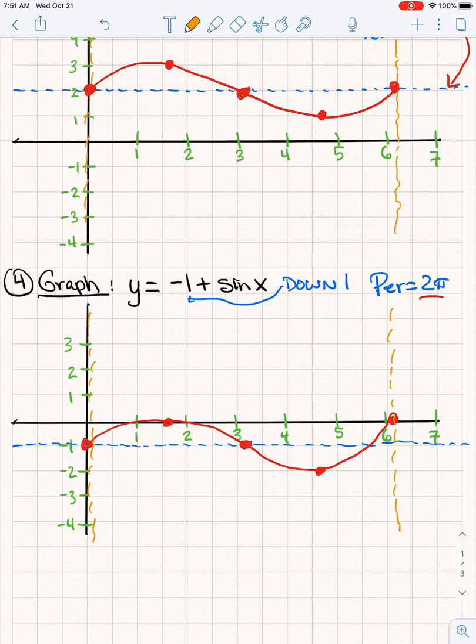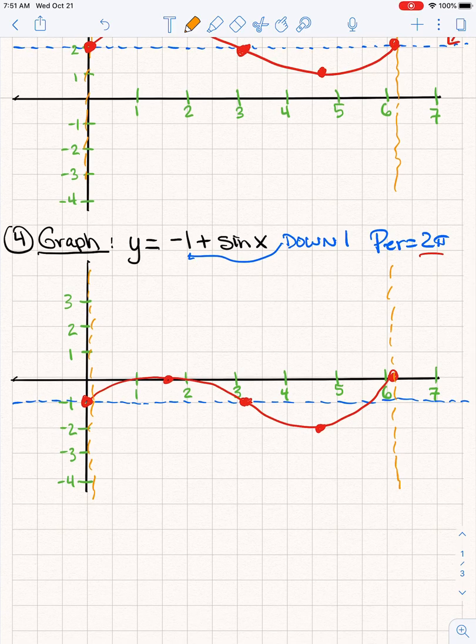In that first example, I said something about once you have the period, cutting things in half. Let me say that again now that this graph is drawn. If I have my period marked, and I go halfway between 0 and 6.28, I am in fact right here at 3.14.